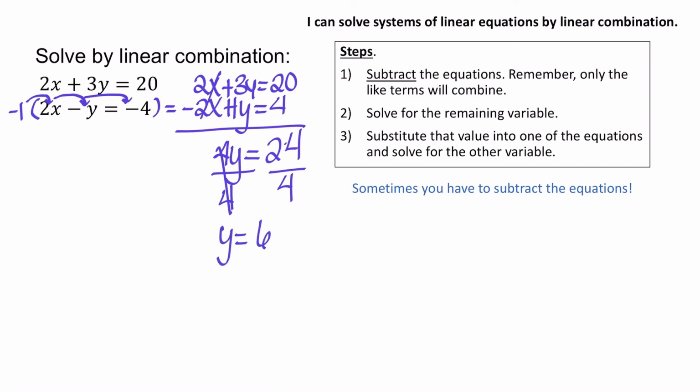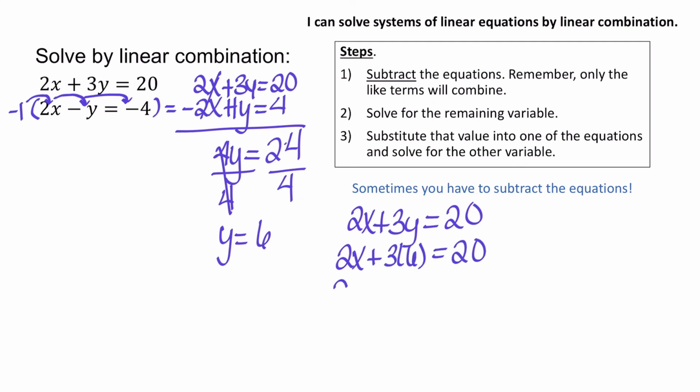Now I'm going to plug back into one of my original equations. So I have 2x plus 3y equals 20. Instead of y, I'm going to plug in 6. So I have 2x plus 3 times 6, which is 18, and that equals 20.